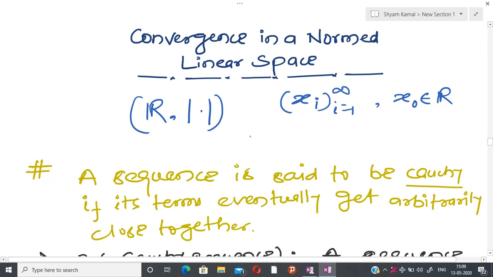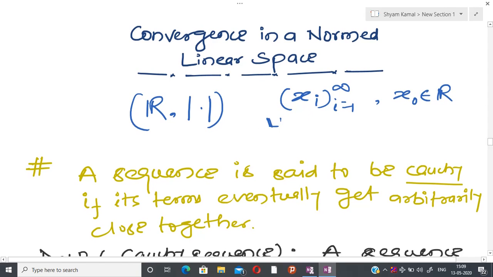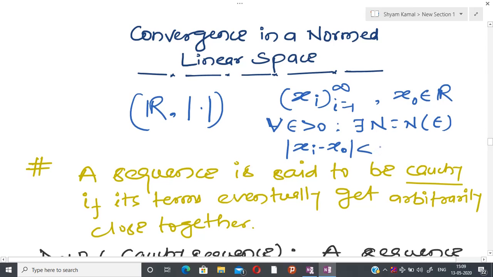And after that we say that for every epsilon greater than 0, there exists some natural number n, which is a function of epsilon, such that |x_i minus x0|, where x0 is the limit point, is less than epsilon for all i greater than or equal to n.